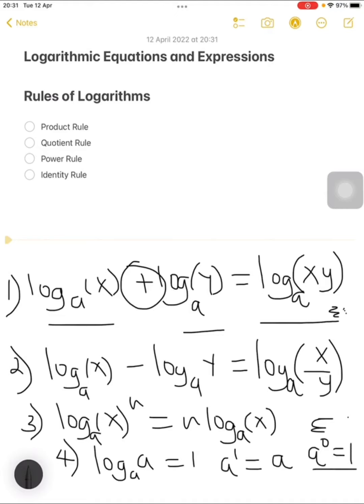And this one is in index notation. When you change it into logarithmic notation, you will have log 1 base a, which is equal to 0. This is something which is very, very important to note. Those are the 4 rules of logarithms, and you will be applying them over and over again while working out things to do with logarithms.